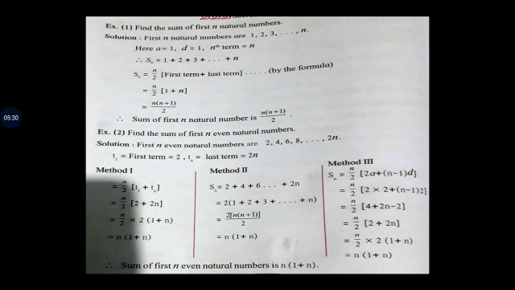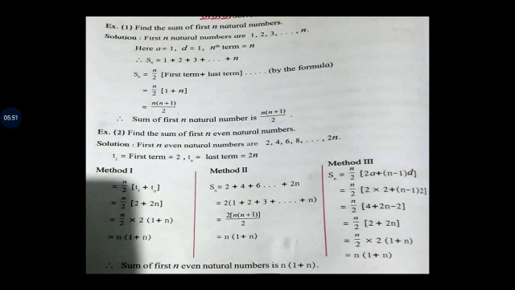Now see, I'll take 2 as common. So my value will be n by 2 into bracket 2 into (1 plus n). The 2 will get cancelled. So my value will be n into bracket (1 plus n). Or you can use the formula Sn is equal to n by 2 into bracket 2a plus (n minus 1) into d.